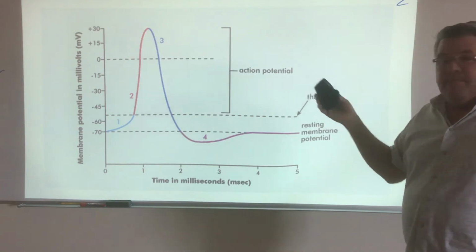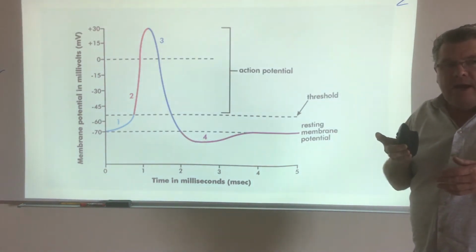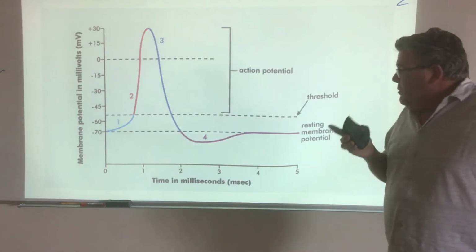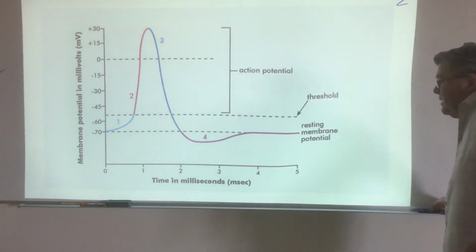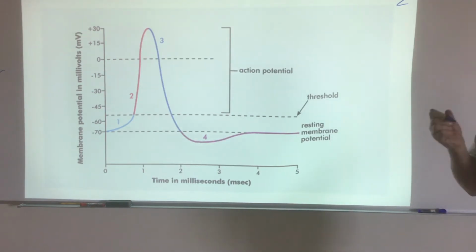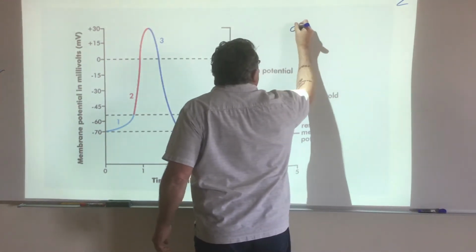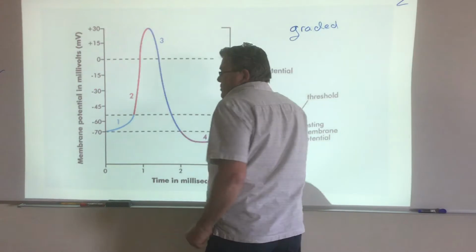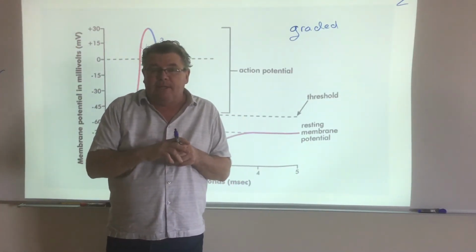Now, a big question might be floating around: how do you get there? How do you hit -55? How do they talk to each other? Well, essentially, here's how. What we've been talking about are what are called action potentials, but there are also what are called graded potentials, or some of the time they're referred to as local potentials.